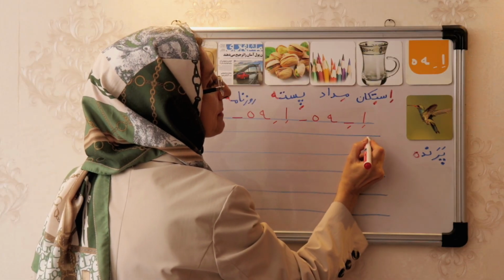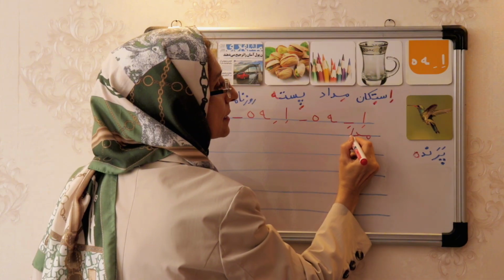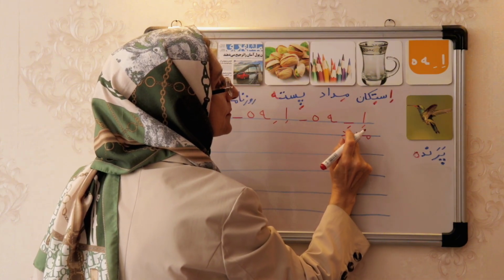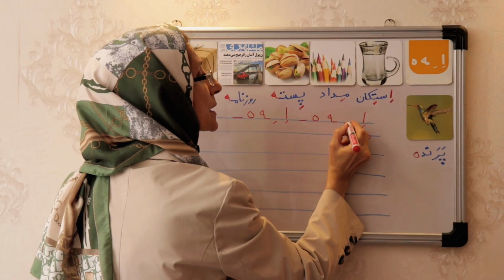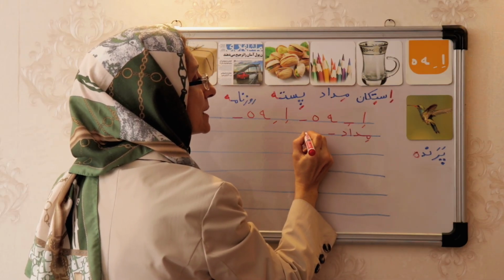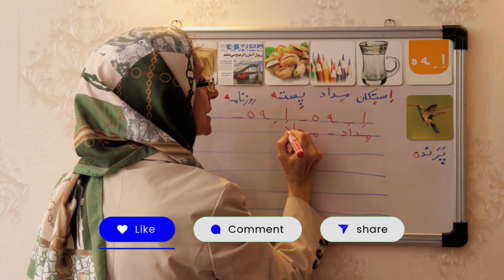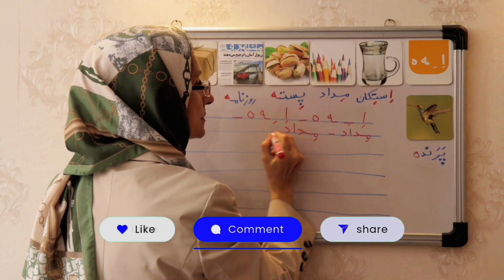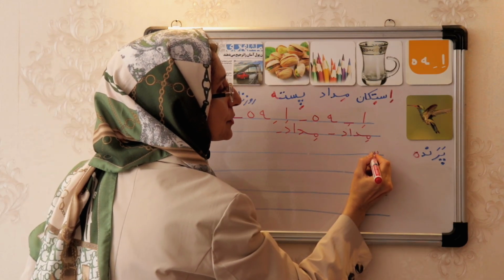The word مداد. Me, then go and write the D. The word پسته, pistachio.